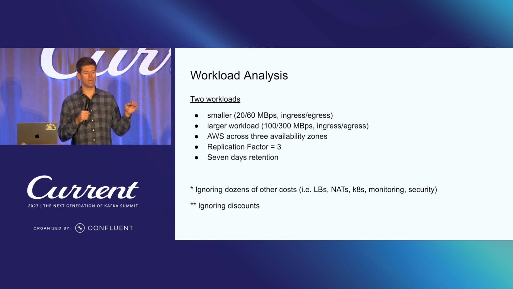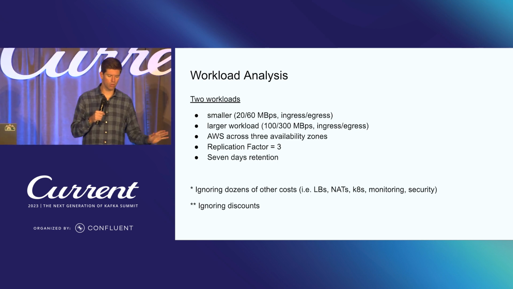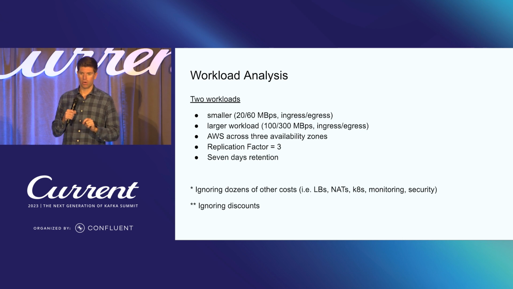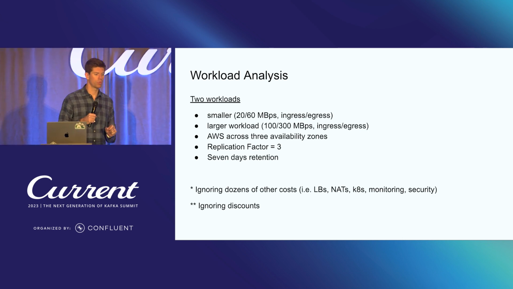We'll look at a larger workload that is 100 megs in and 300 out, so it's a little bit larger. We're gonna assume we're using AWS in our analysis, so this doesn't apply to all clouds. We're gonna be running across 3 availability zones, with an RF of 3 and 7 days retention. Pretty much a default Kafka workload.